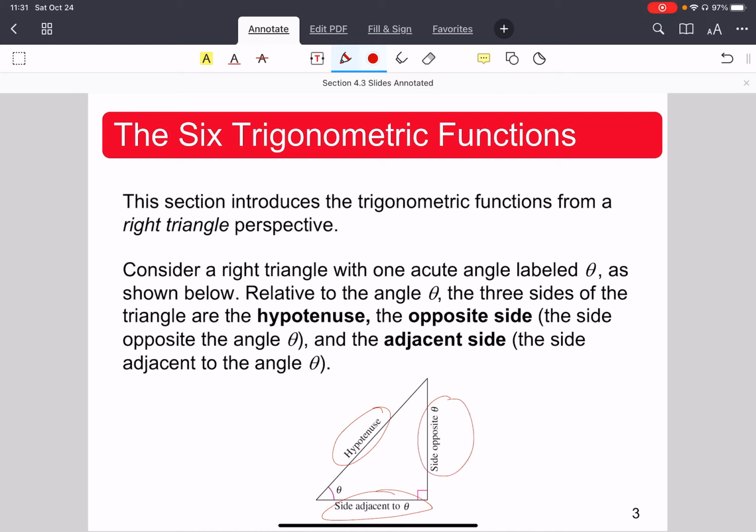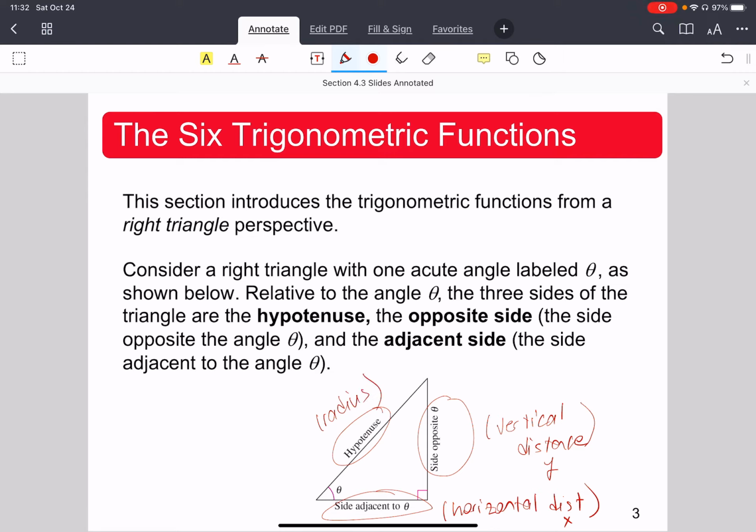Previously we used a language that we called vertical distance. You may remember that. We called this vertical distance, which always represented y. Instead of side adjacent, we used horizontal distance, and that generally represented x. And the hypotenuse in our previous cases was always the radius, right?